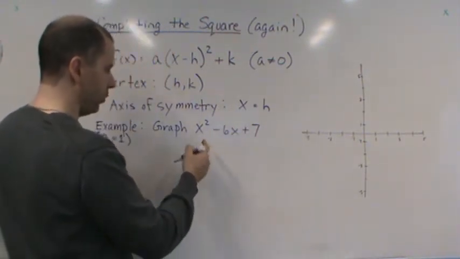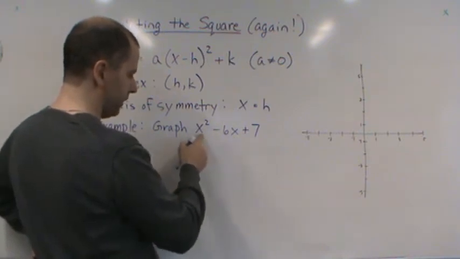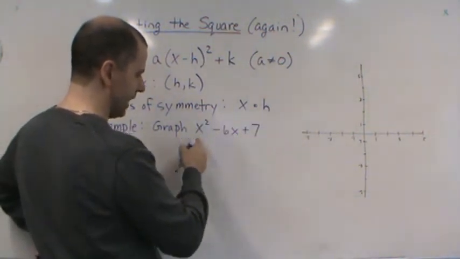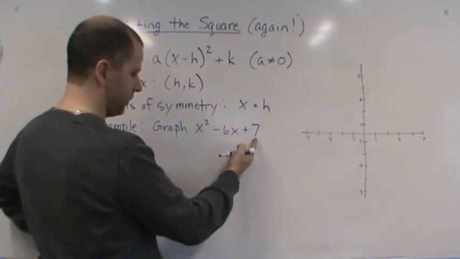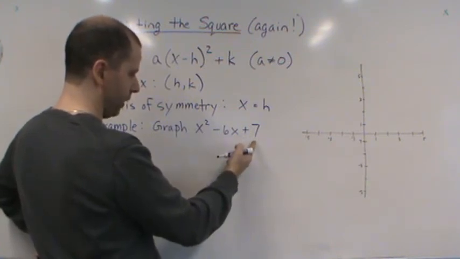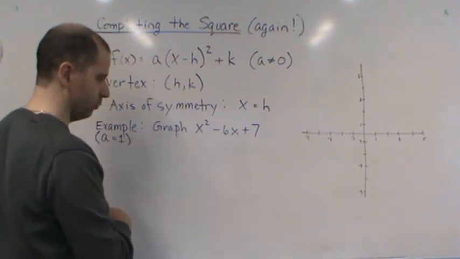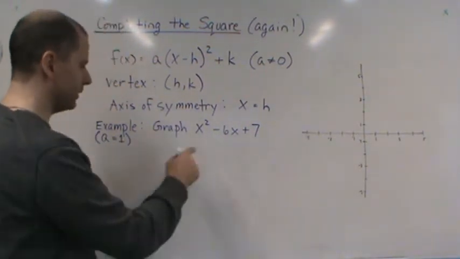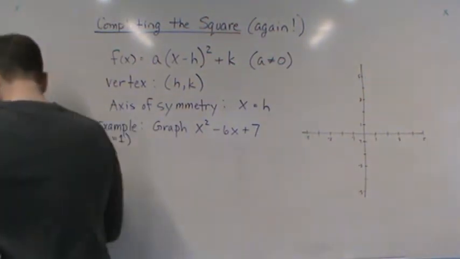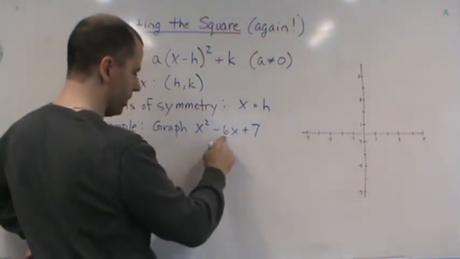Now I want to complete the square on this, because as it stands right now, it's not a perfect square. There are no factors of 7 that will give me negative 6 when I add them. This is positive and this is negative.